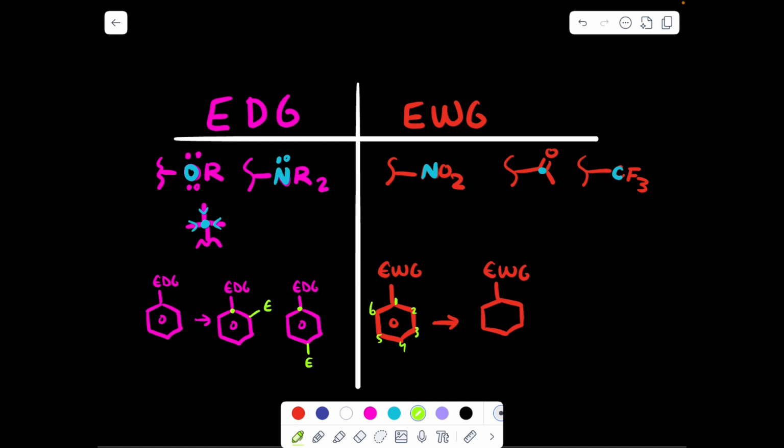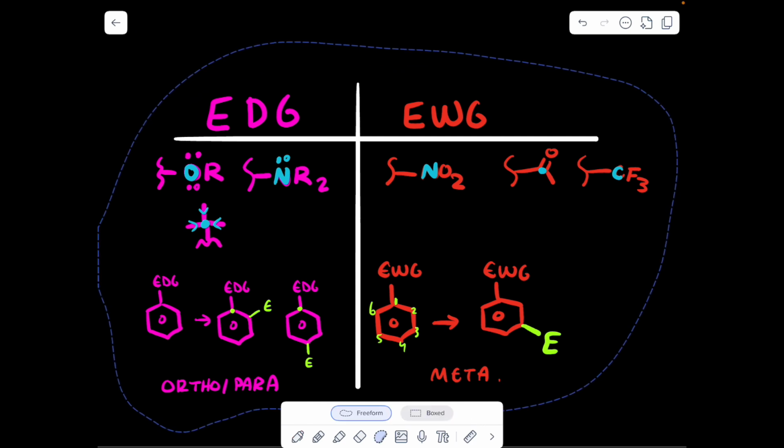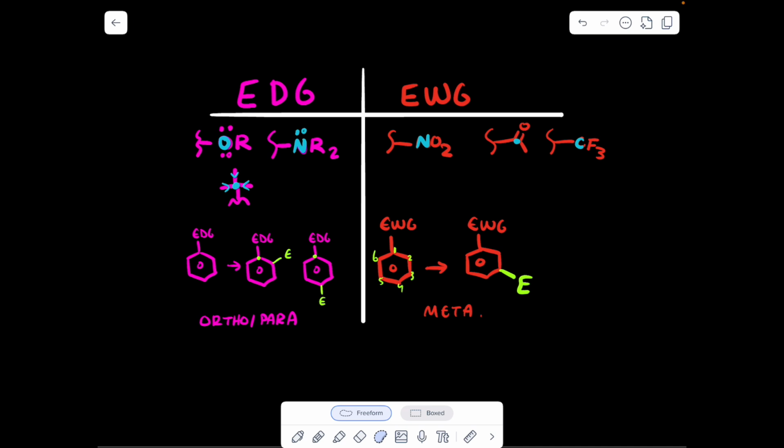The E+ is going to add to either carbons 3 or 5. And this would be the meta position. So ortho, para for electron donating groups, and meta for electron withdrawing groups. Without further ado, let's do some examples. We have now prepared for battle, and the battle is doing these final practice problems.